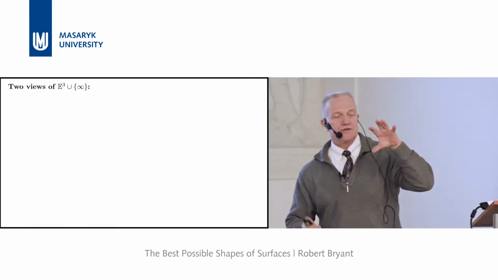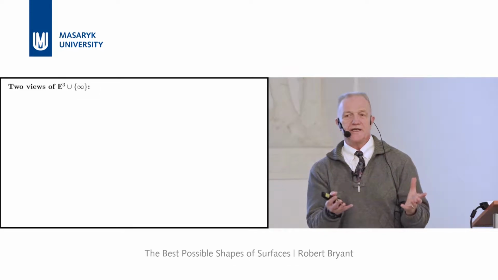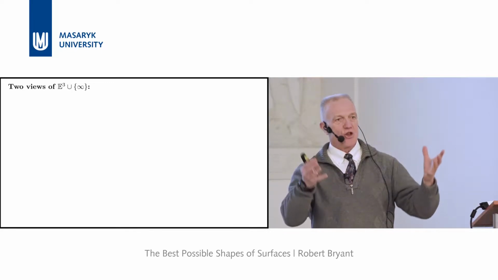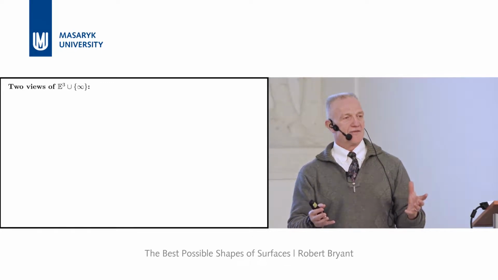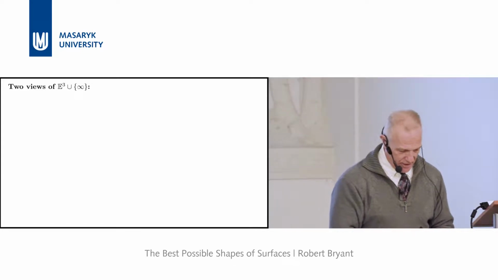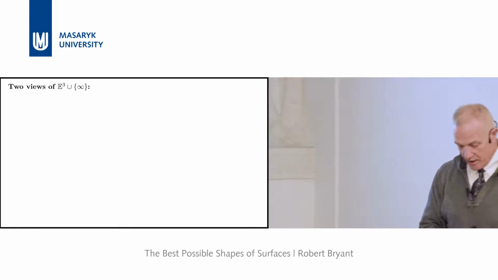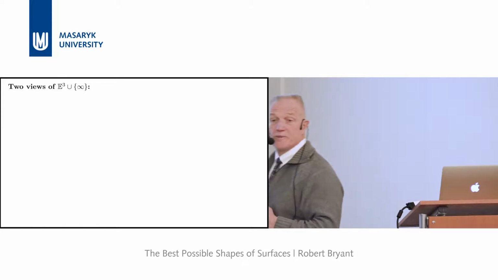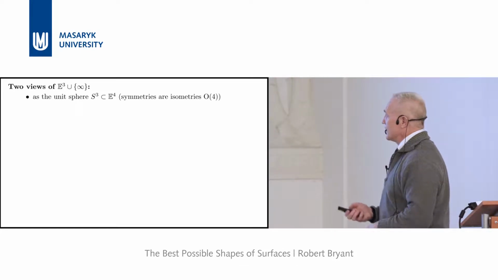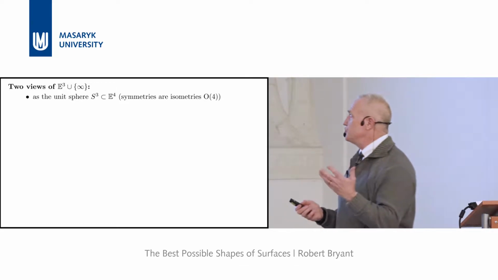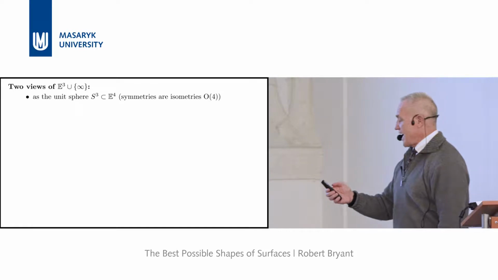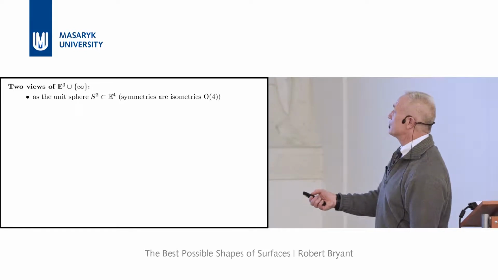However, it became clear that this extra symmetry was a key to understanding the problem. This larger symmetry group that you have to somehow take account of had to be understood before we could hope to make any progress on the problem. And for that reason, it's important that there are two views of adding this point at infinity to E3.